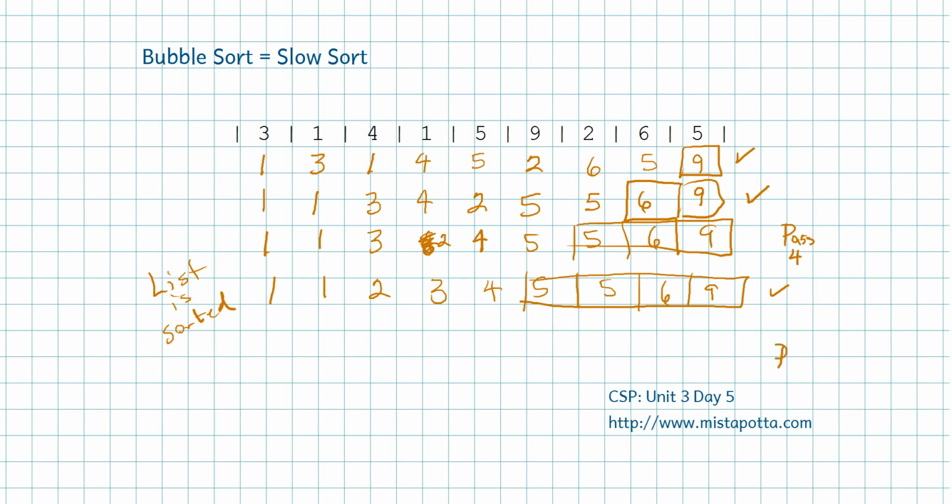I have to go through pass 8 and make sure that this works out okay. But what I'll find is on pass 5, this one's okay. On pass 6, that's okay. On pass 7, that's okay. And on pass 8, this is okay. Well, if these numbers are all in the right spot and I only have one number left, this number here has to be in the right spot as well.